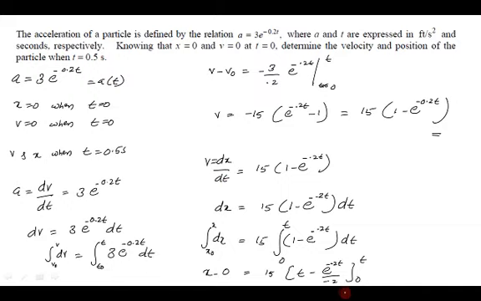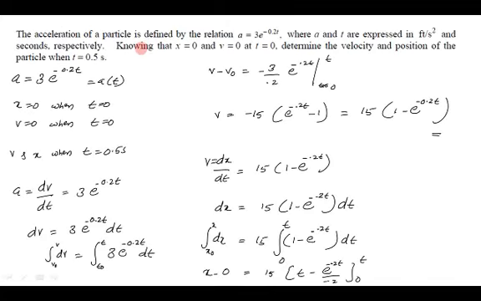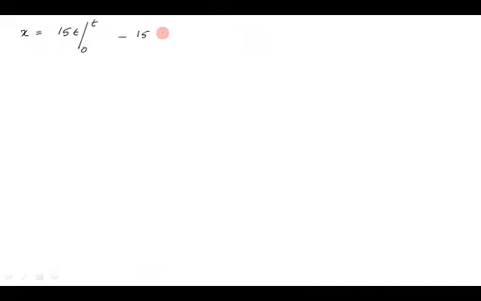So here x is equal to 15t from 0 to t, minus 15 times e to the power minus 0.2t divided by minus 0.2 from 0 to t.